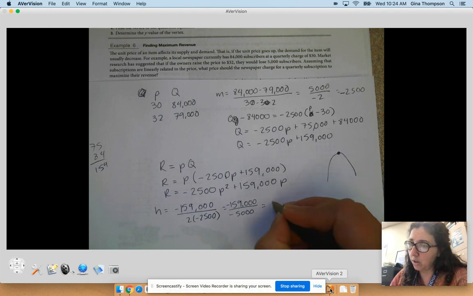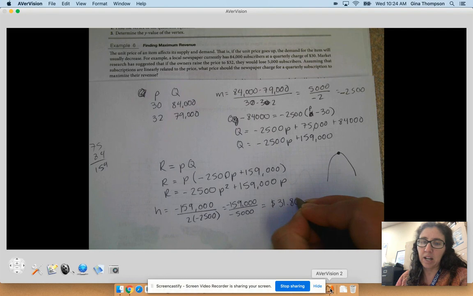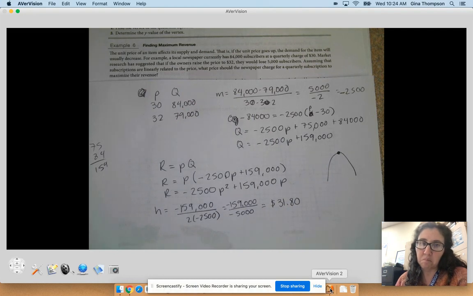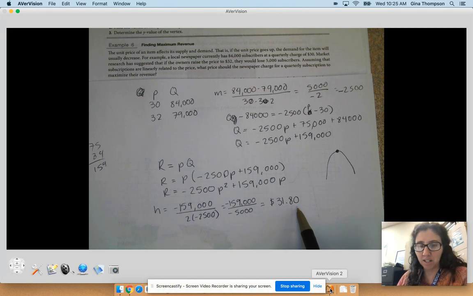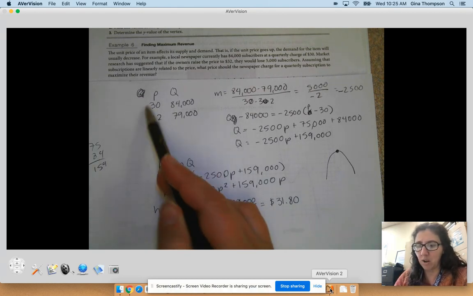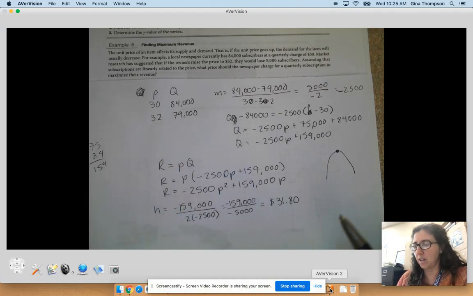That's at 31.8. Okay, if you put that in your calculator, I wrote it down earlier. $31.80. Does that make sense? Yeah, that's definitely like in the range of what we'd expect, right? They're looking around $30 for this subscription. I mean, obviously, if we got some number like 700, probably doing something wrong, right? So that makes sense. Yeah.